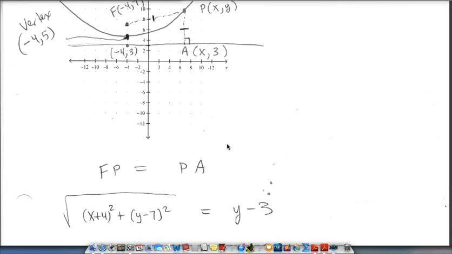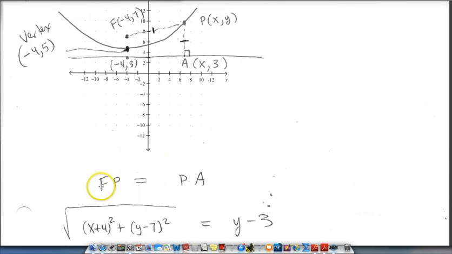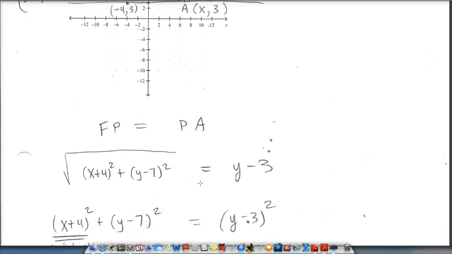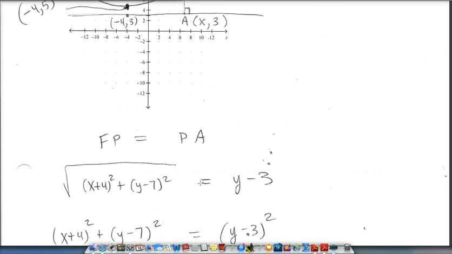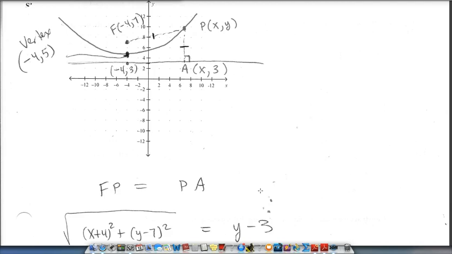Moving on from there, now that we've introduced F, P, and A into language, we can say that the distance from F to P, so from focus to point on the parabola, is the same as the distance from point on the parabola to point on the directrix. Expressing that algebraically, we can use the distance formula to find the distance between F and P. We don't need the distance formula to find the distance from P to A. Some students will want to know why.